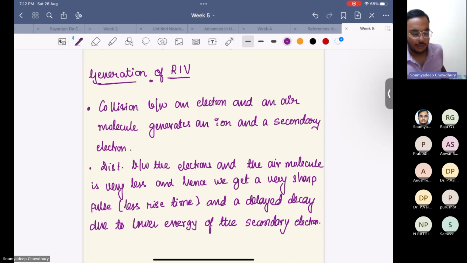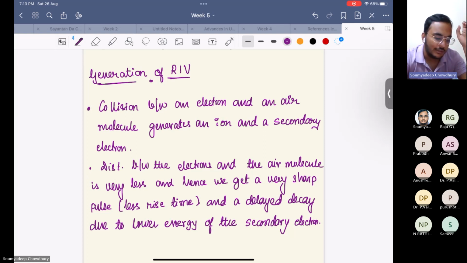So basically, during this collision, the distance between the electrons and the air molecules will be very small. Due to this collision and generation of multiple electrons, there will be a pulse generated.